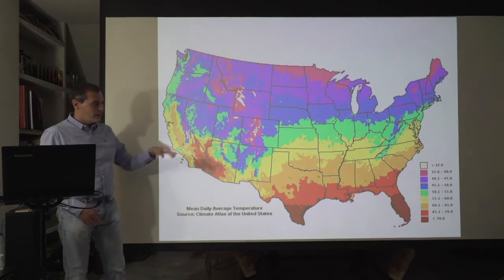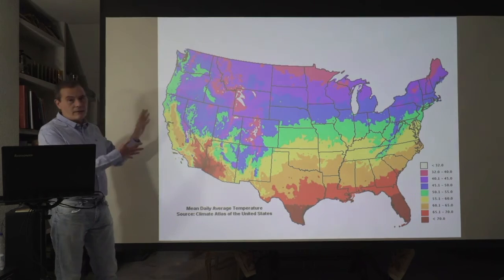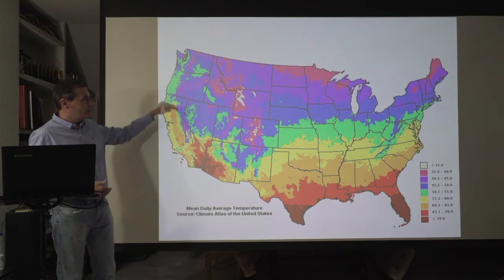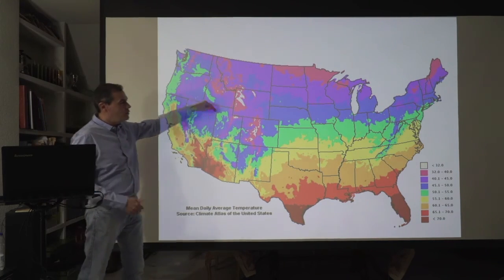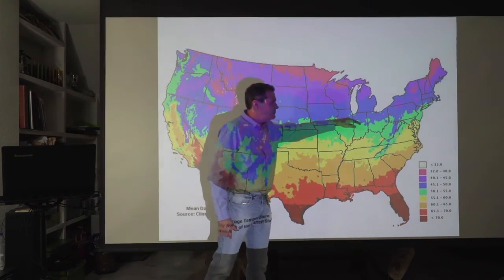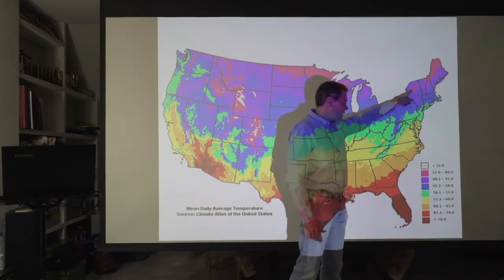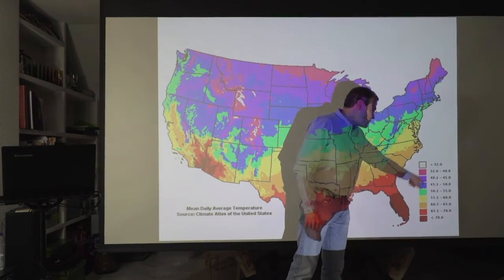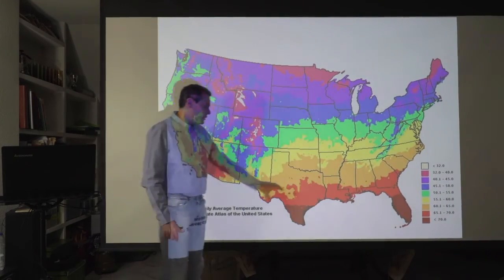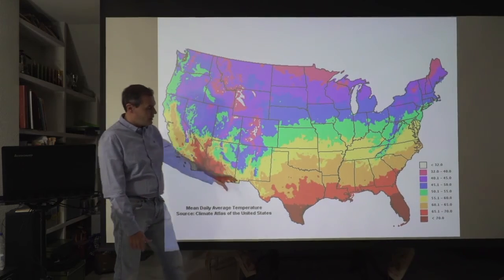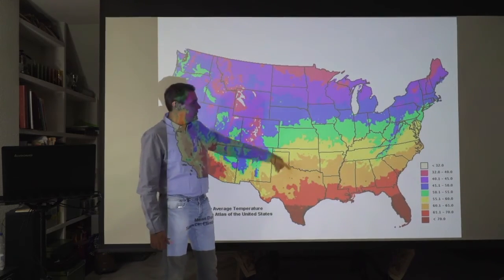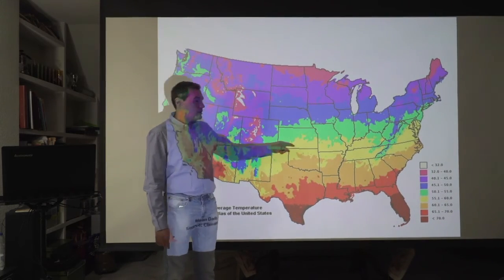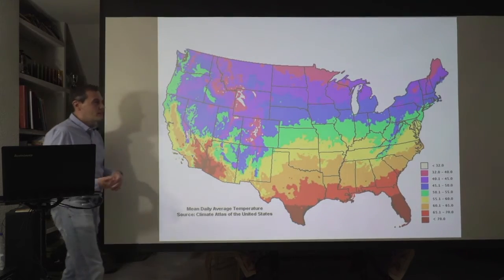By looking at this map, we can understand that we have in the United States a cold area. New Hampshire is in this cold area with these average temperatures. We have a hot area here in California and the Gulf of Mexico. And then we have a central area which is cold in winter, hot in summer.